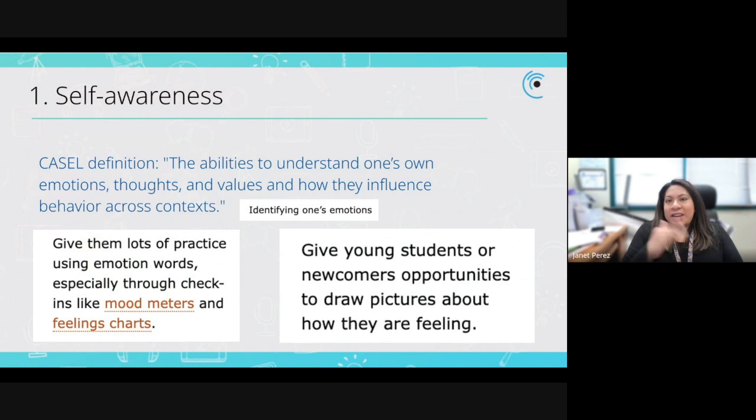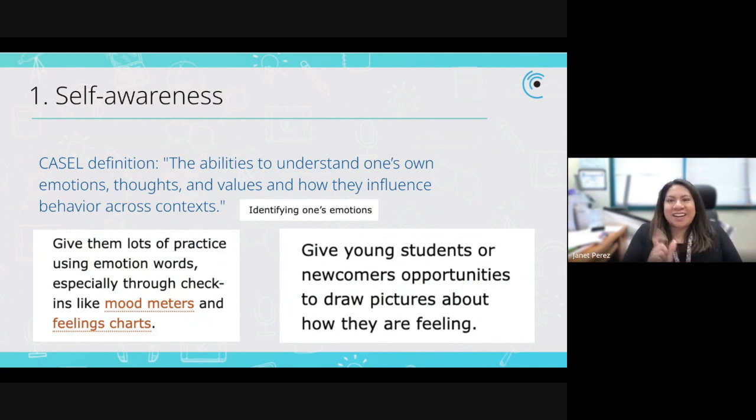Every Monday they come in and have about 10 minutes to go through their Google form, and they have to tell me, how are you feeling right now? They choose from the picture and write the word. One of the questions is, why do you think you feel this way? And they have to explain.